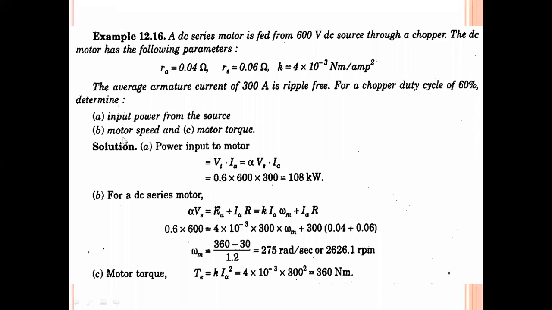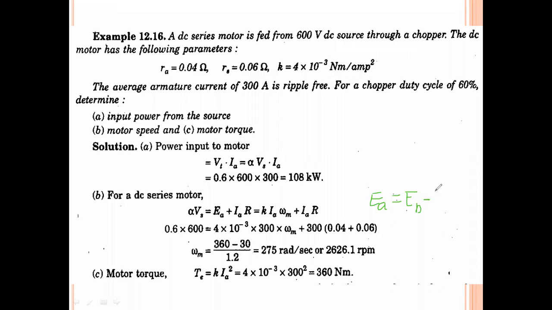And second bit, the speed of the motor. So speed of the motor means we need to calculate omega. So omega can be calculated with the help of the back EMF. We know the equation that EA is equal to EB plus IAR, where EB is the back EMF.